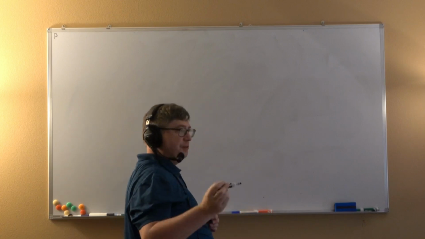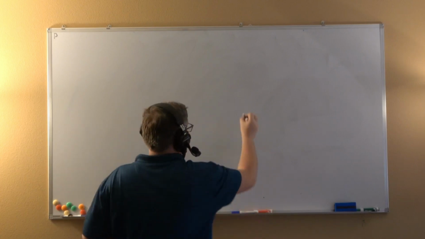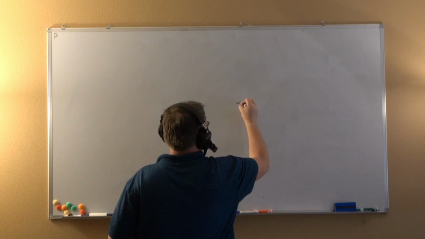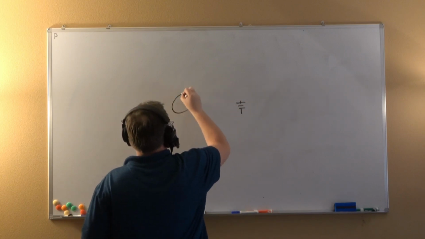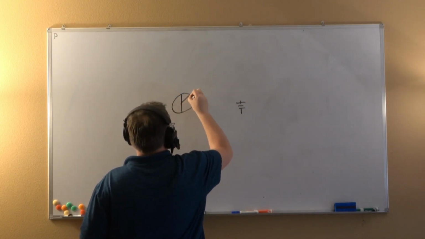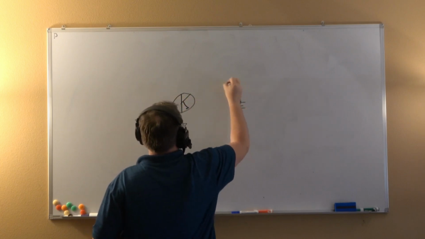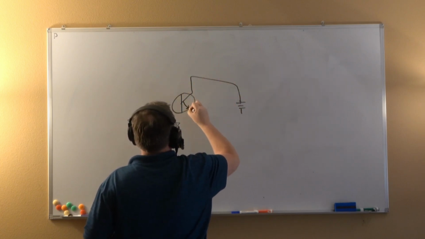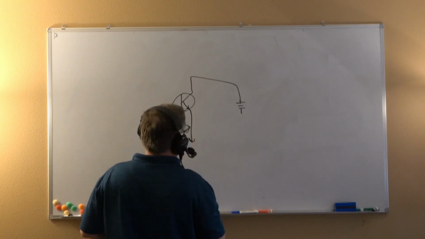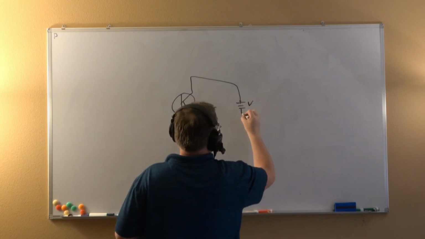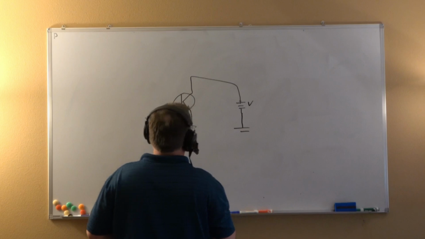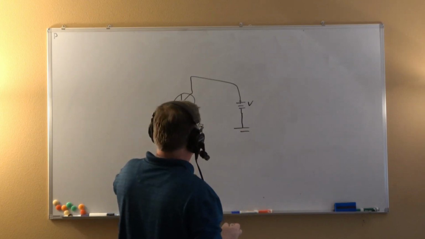Because if it's coming from a source, like a battery source, you've got your V, and then you've got it coming from here. And let's say you just have a straight wire there. Okay, and this is a V. I don't know how much that is. So that R is pretty small.